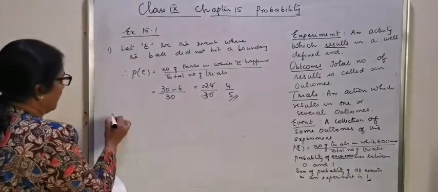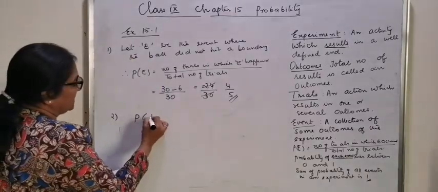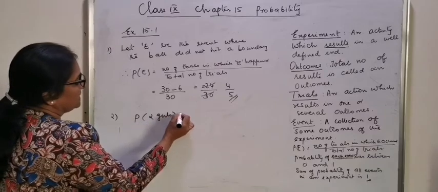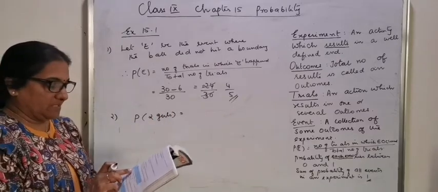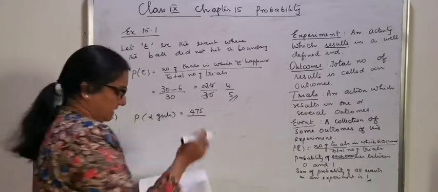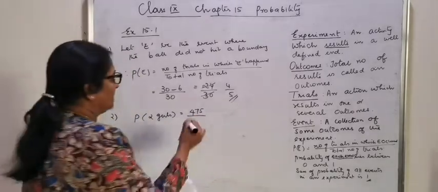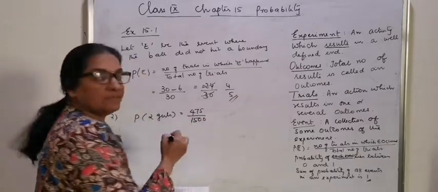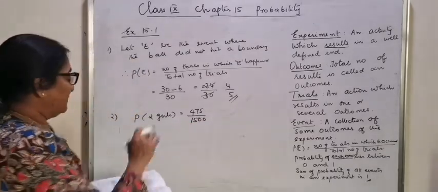So you can represent the answer as probability of 2 girls is equal to, what is the fraction here? It is 475 divided by 1,500. Reduce the fraction.